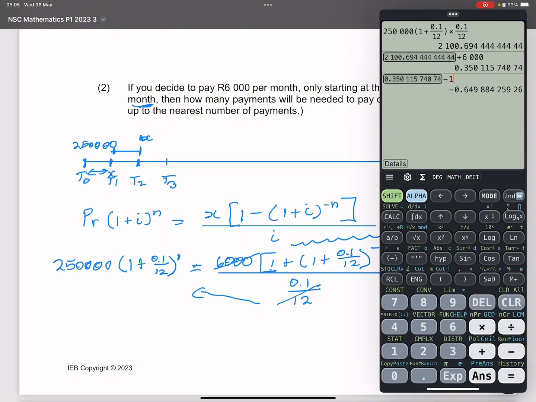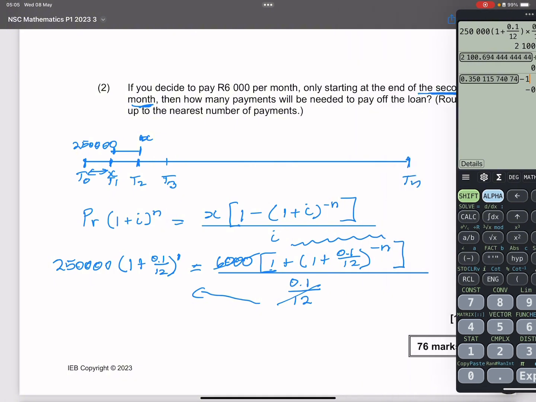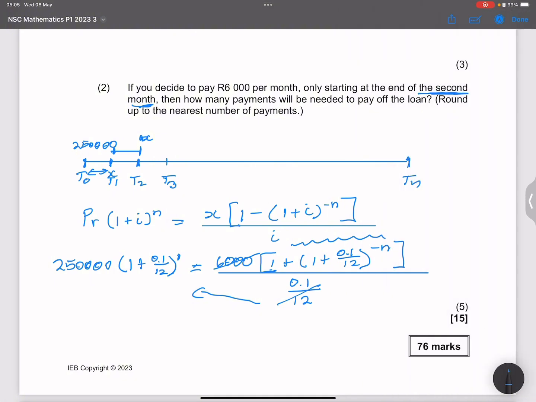Now, all we are simply going to do, ladies and gents, is put in our logarithms. We're going to take all of that and put them in logs, so that we get the value of minus n.